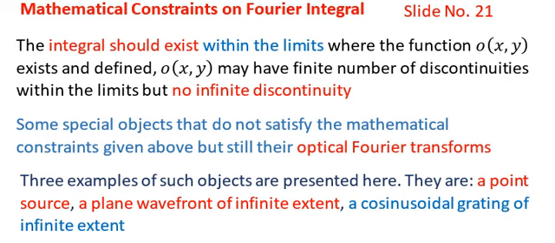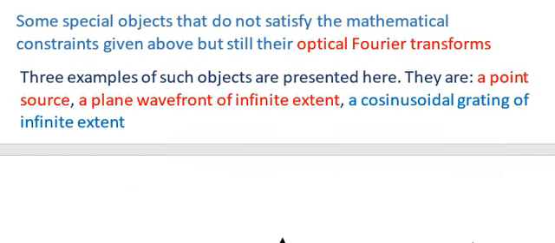There are three examples of such objects. Number 1 is a point source. Number 2, a plane wavefront of infinite extent. Number 3 is a sinusoidal grating of infinite extent. These three are special objects for which the Fourier transform does not satisfy the conditions, but their Fourier transform still exists.